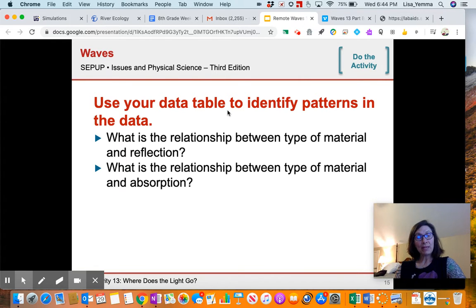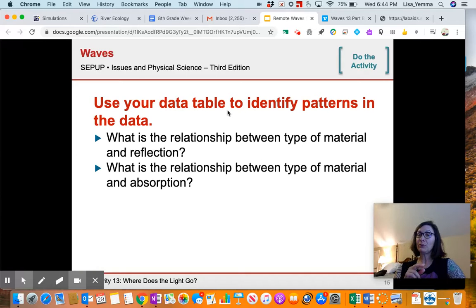Based on your science phenomenon and that science reasoning, that waves carry energy, that UV waves carry a lot of energy, that the frequency matters, and UV light has a higher frequency than even violet. So what is the relationship between the type of material and reflection? And what about the relationship between the type of material and absorption? So, looking at those conditions with the other two variables.